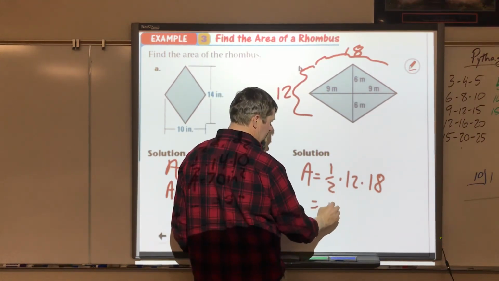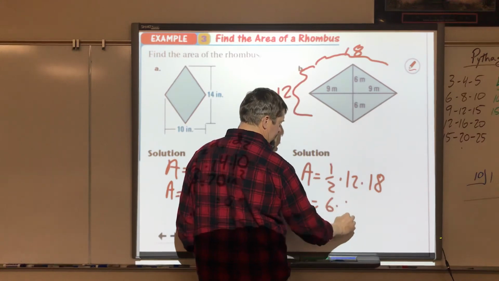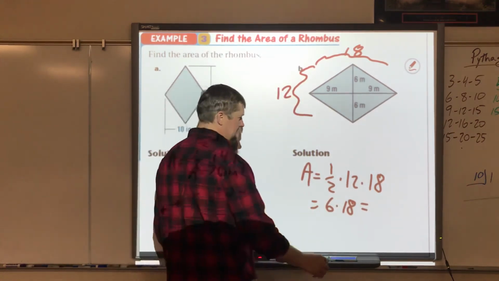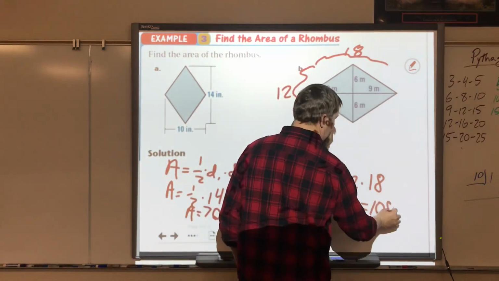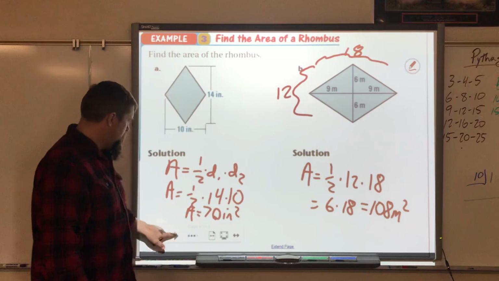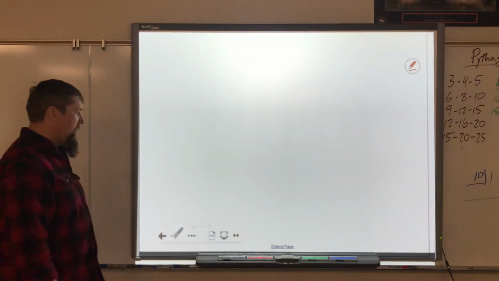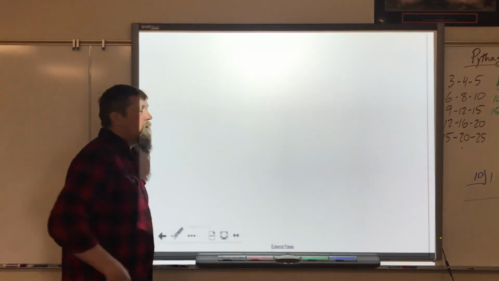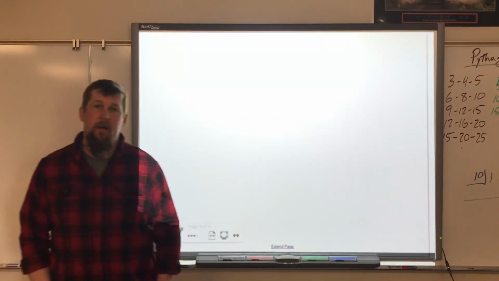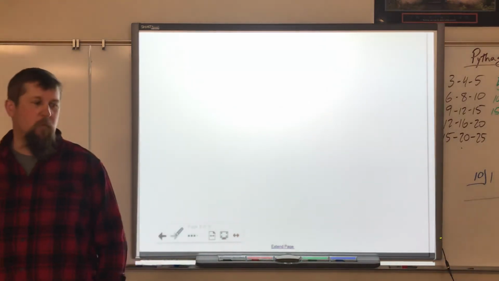So half of 12 is 6. 6 times 18 is 108 meters squared. And that's it. So make sure that you understand how the formulas work for both parallelograms and rhombuses.